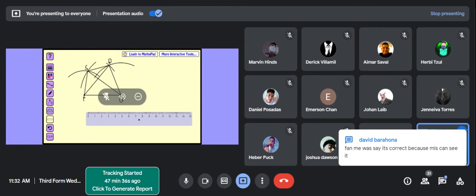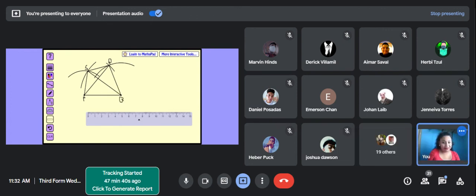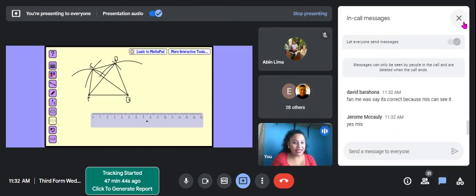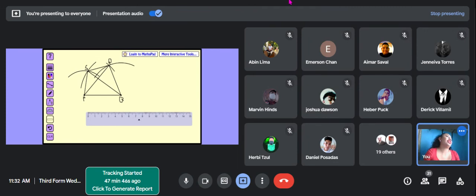Different measurements, right? That is number 3. This one is number 2. Number 3 is the one that you're going to be doing just like number 1.